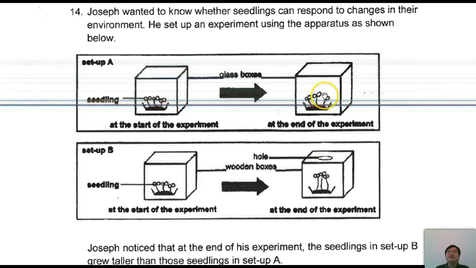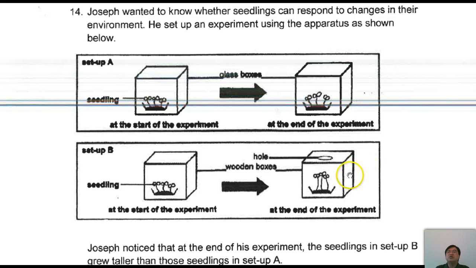All right, for this glass box, the growth will still remain the same, facing this way, right? Why? Because light is all over. There's no change in direction of the way they grow here, but there is a change in direction towards the hole where the light is. Remember, this is a wooden box.